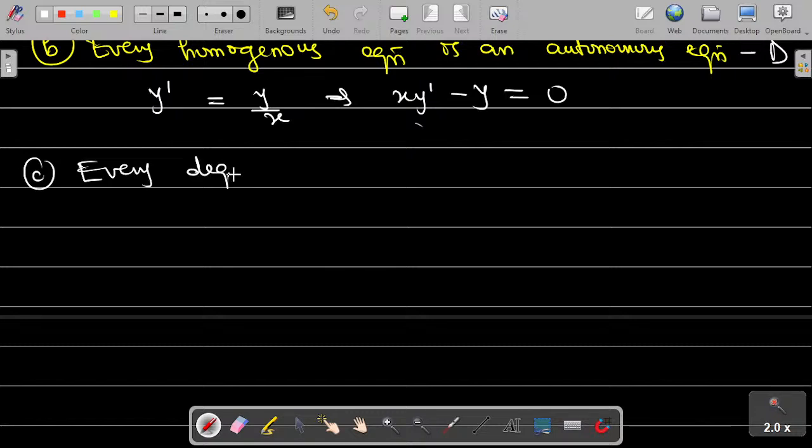Every differential equation has a constant solution. Okay, so every differential equation has a constant solution.